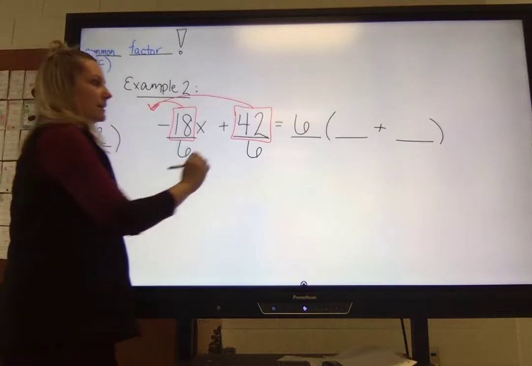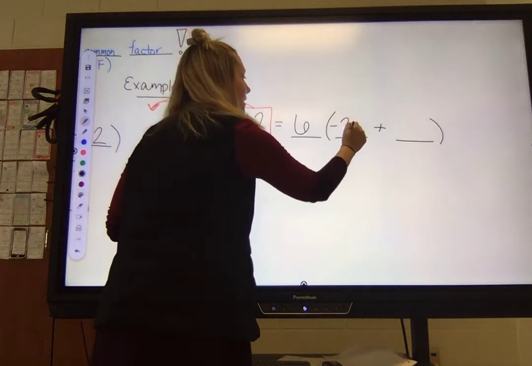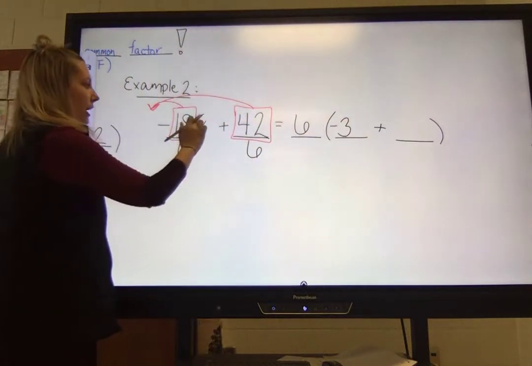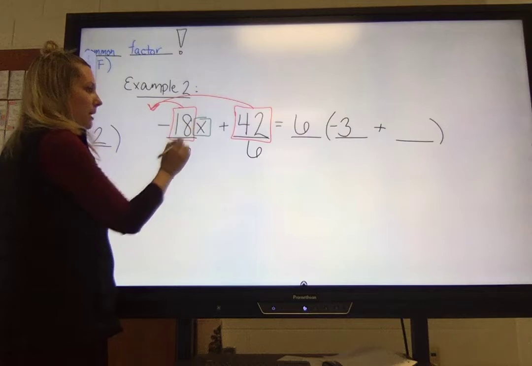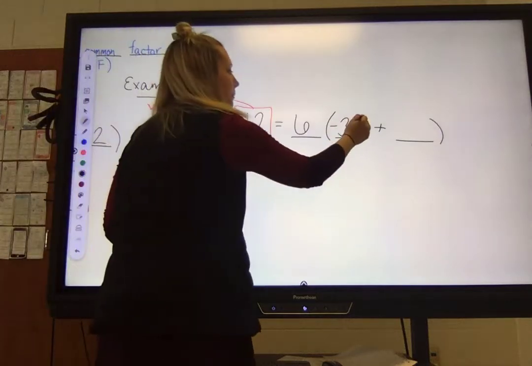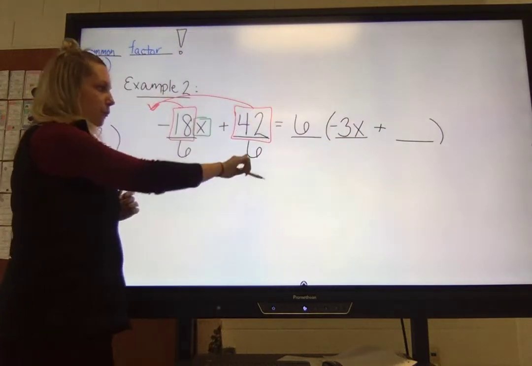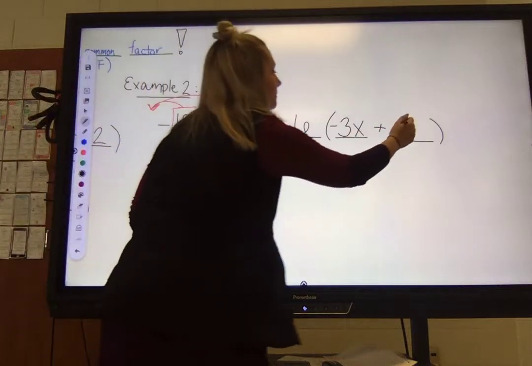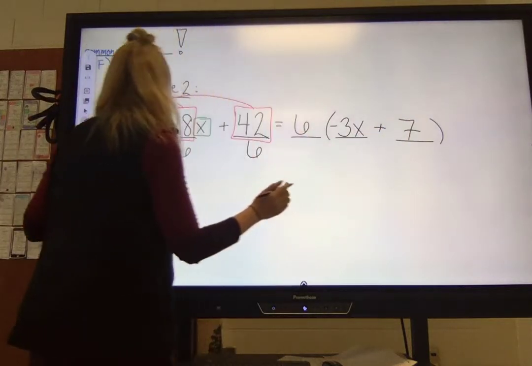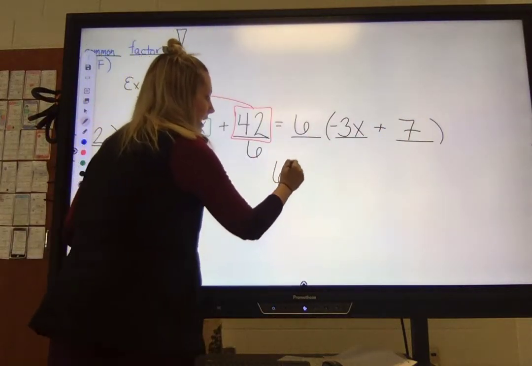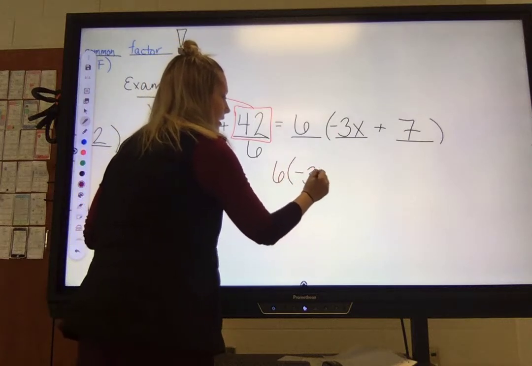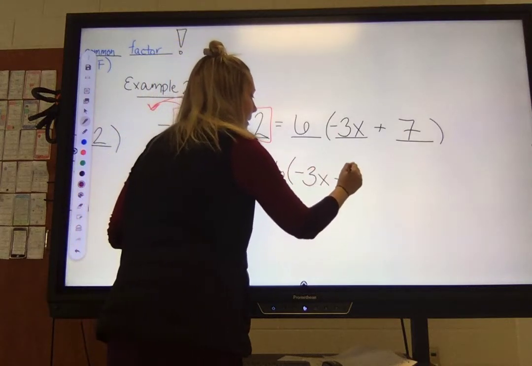Negative 18 divided by 6 is negative 3. Got to bring our x along with us, right? Don't leave him behind. He needs to come along. Put my x there. And then I have 42 divided by 6, which is 7. So your final answer for this problem factored out is 6 times the quantity negative 3x plus 7.